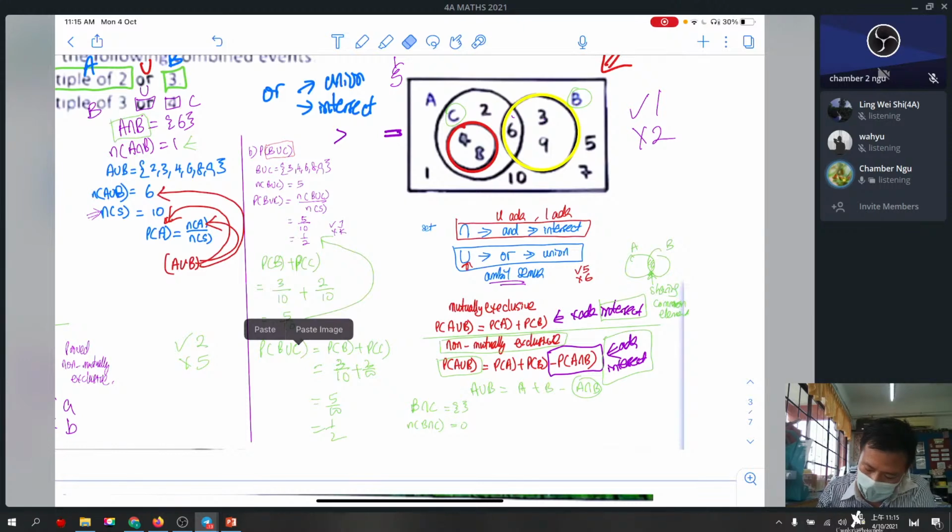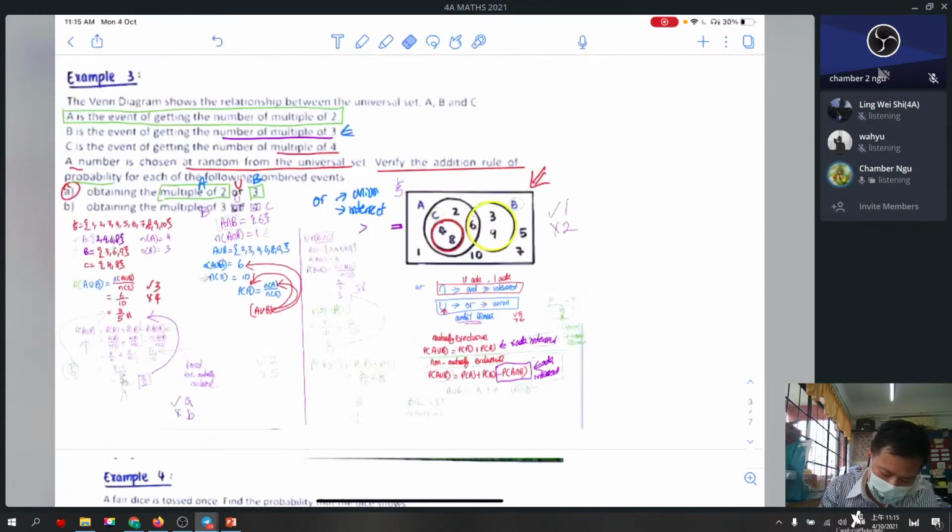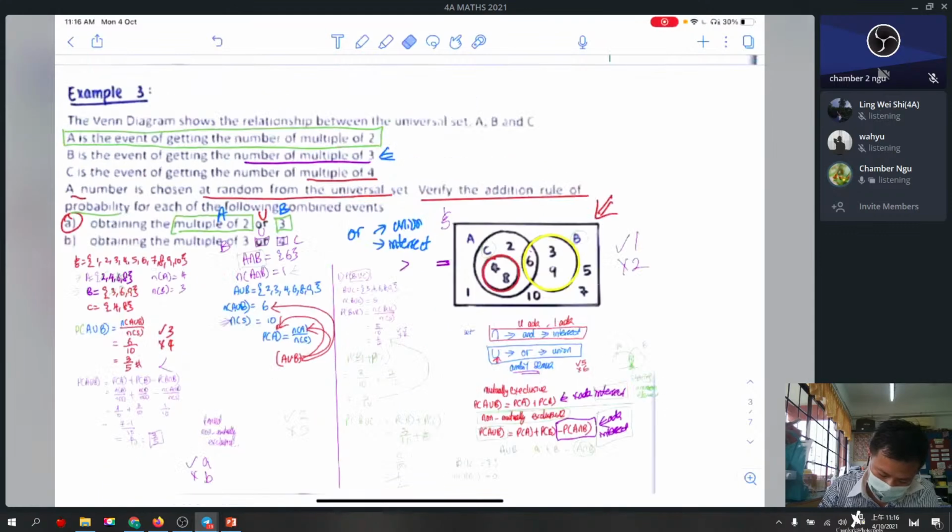So yang penting sekali is you have to remember mutually exclusive. We do not have the common element. Tidak ada elemen yang sama. Kalau it's non-mutually exclusive, kita ada yang sama. Soalan akan tanya, okay. Saya screenshot for you.